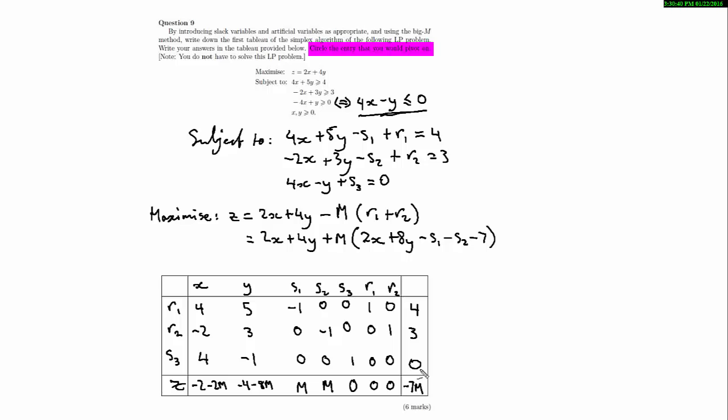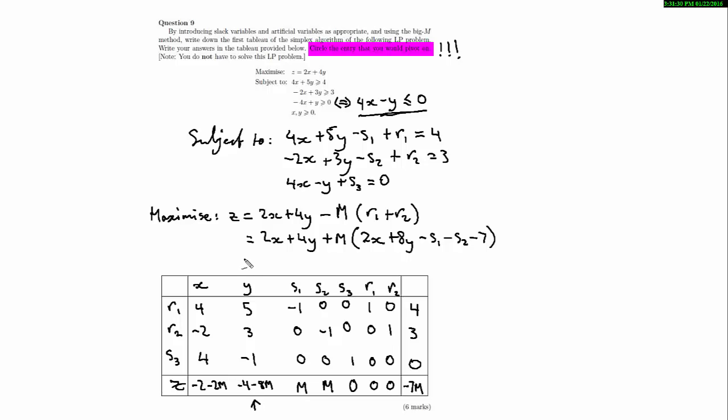Okay, so now we've finished our tableau. But finally, we have to go back up the top and circle the entry that we would pivot on, given this initial tableau. Initially we look down at the Z row and find the most negative number, and we find that by looking at the M parts of each of these entries. Because -8M is less than -2M, this will be the column that we'll be looking at to pivot on.